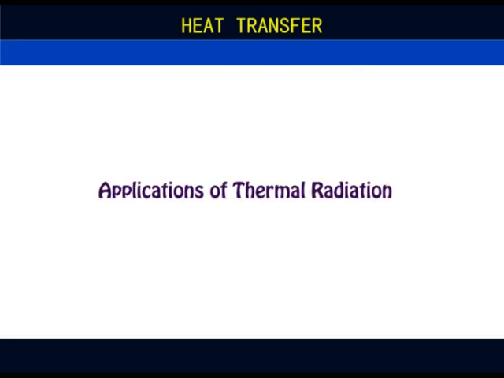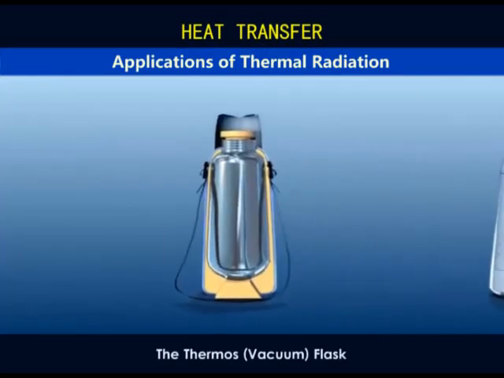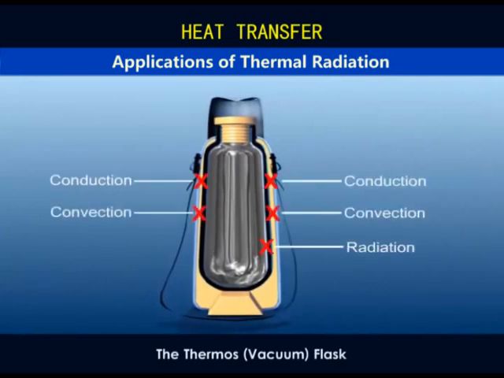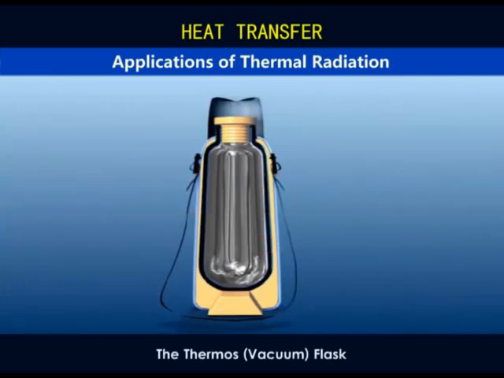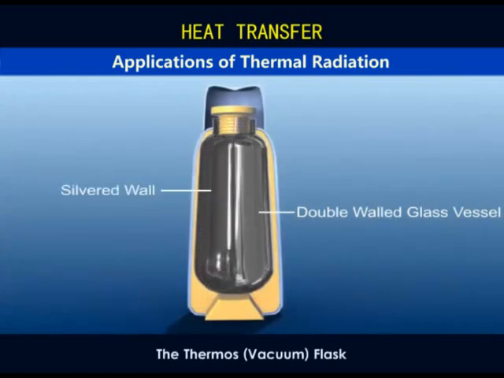We look at the applications of thermal radiation. The thermos flask is designed to prevent the loss or gain of heat energy by conduction, convection, and radiation. It consists of a double-walled glass vessel. The inner surface of its outer wall and the outer surface of its inner wall are silvered.